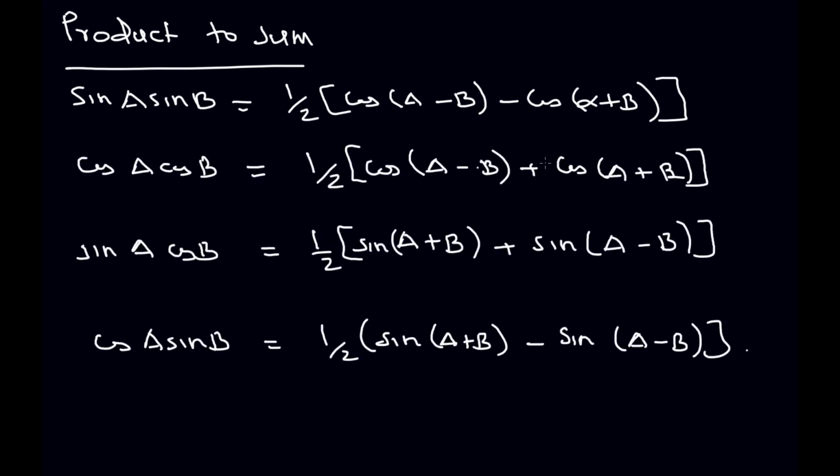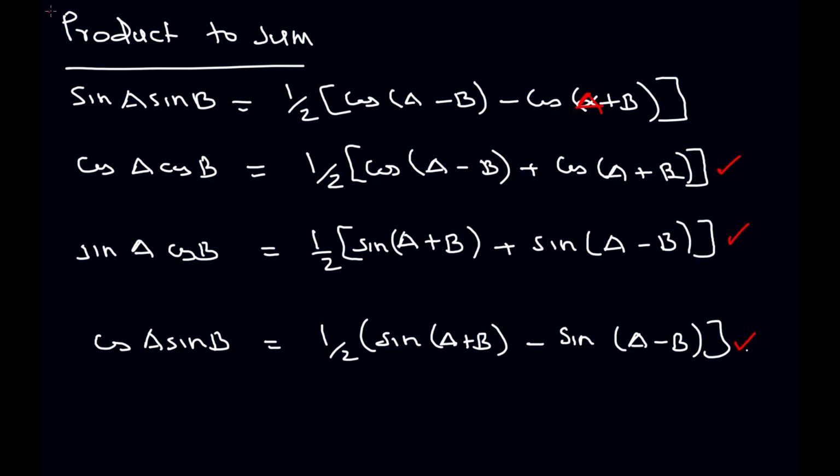So by the same method, we can also create this one, that one, and this one. Right, so we're saying sine A sine B is half cos of A minus B minus cos of A plus B, right? Then cos A cos B is equal to half cos of A minus B plus cos of A plus B. So these are identities that we have to know and remember.